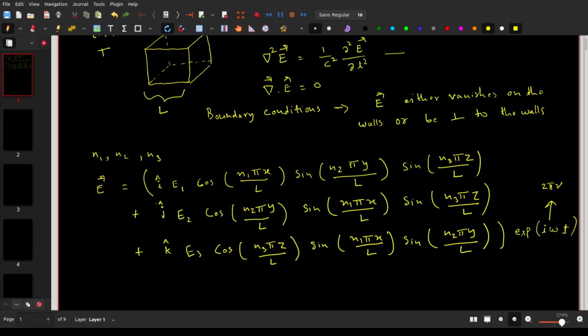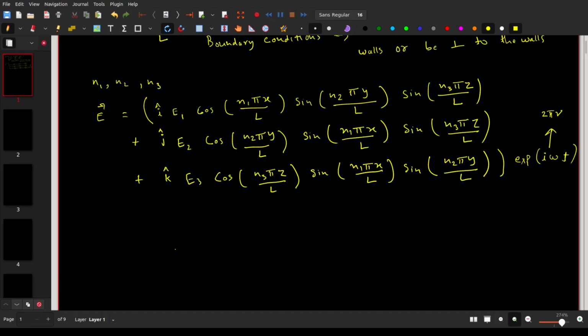It is easy to check that this solution satisfies the wave equation, provided n1 square pi square by L square plus n2 square pi square by L square plus n3 square pi square by L square is omega square by c square.